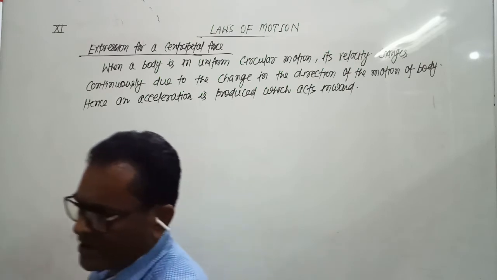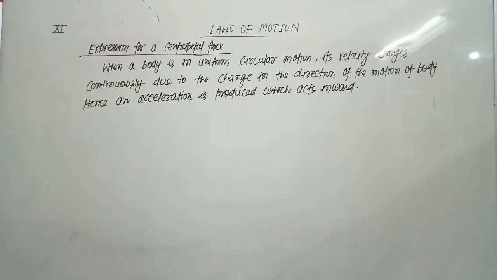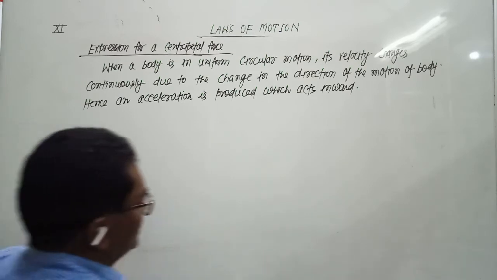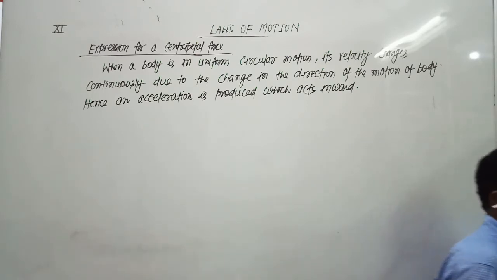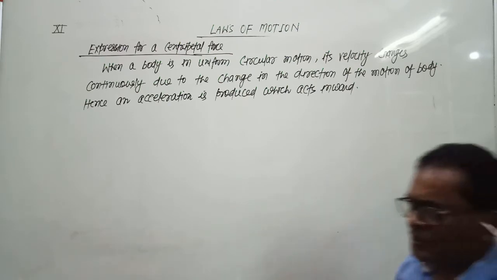In uniform circular motion, the direction of motion of the body changes continuously, and due to the change in direction, its velocity changes, and due to the change in velocity, acceleration is produced.